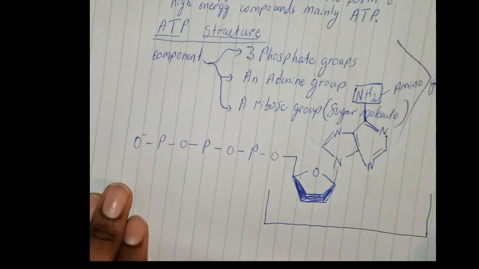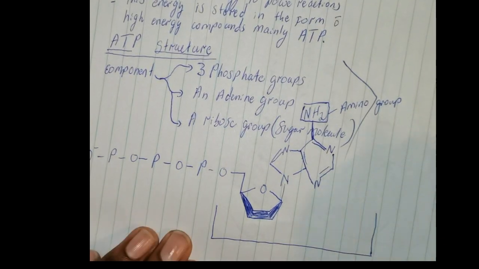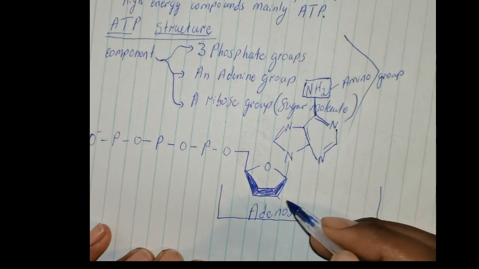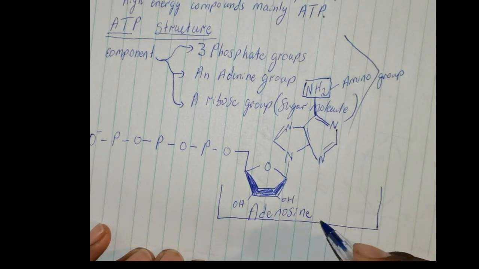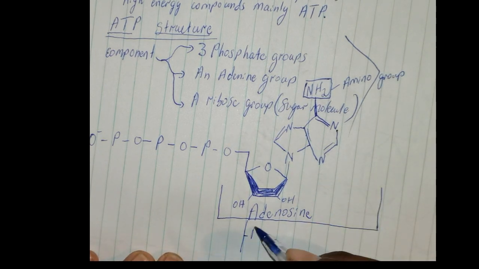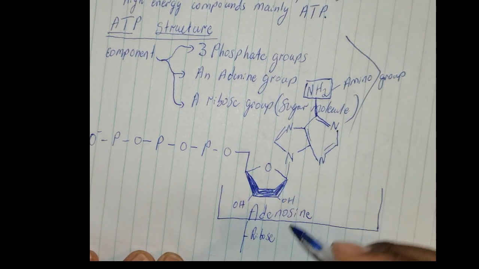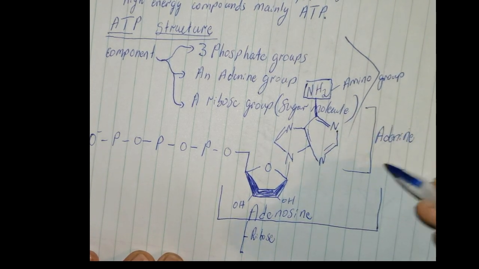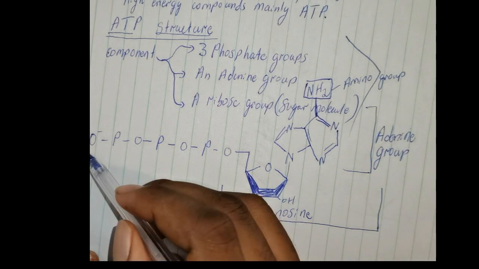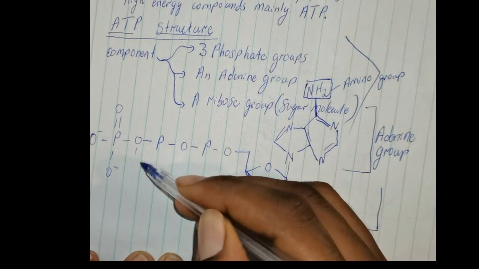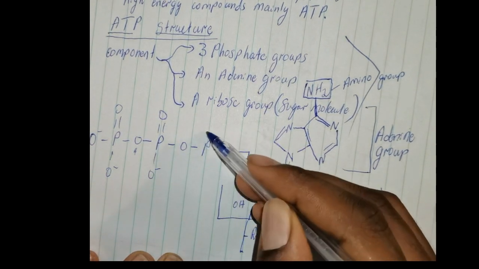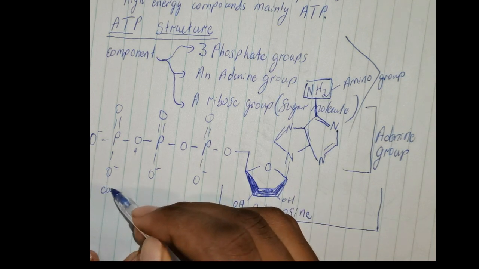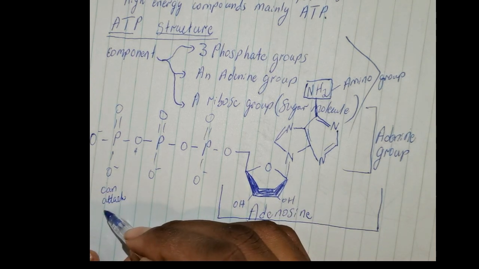The combination of an adenine group and a ribose group is what gives the molecule of ATP the name adenosine, or the adenosine part. On this side, the three phosphate groups are what give this molecule the name triphosphate.